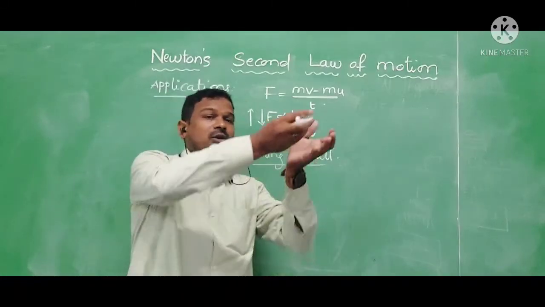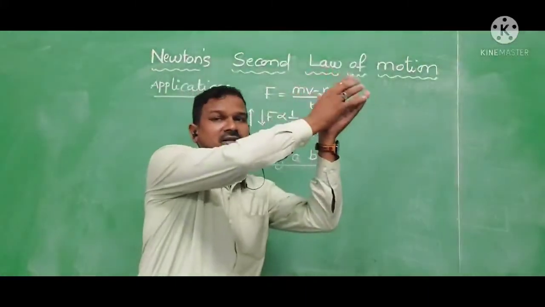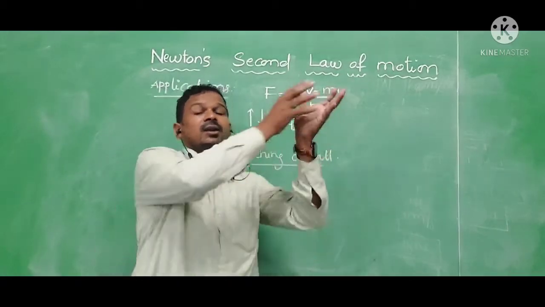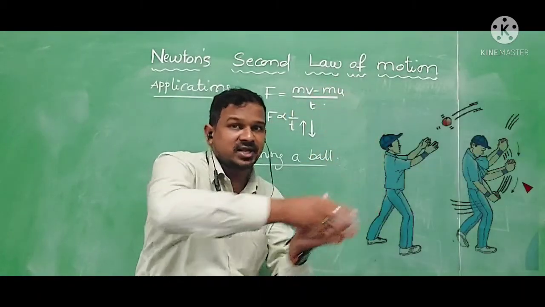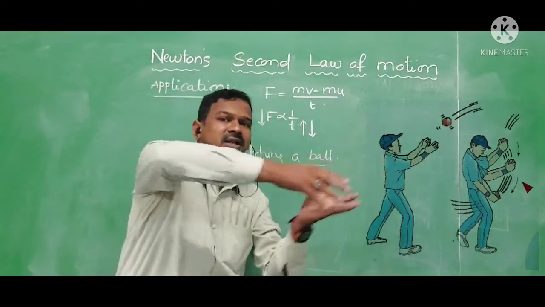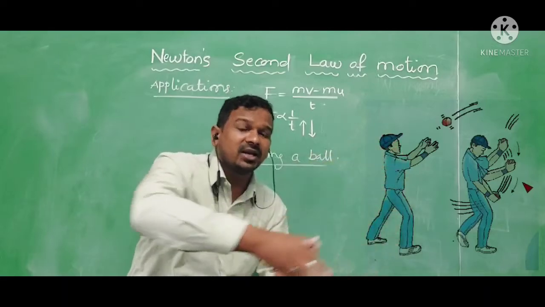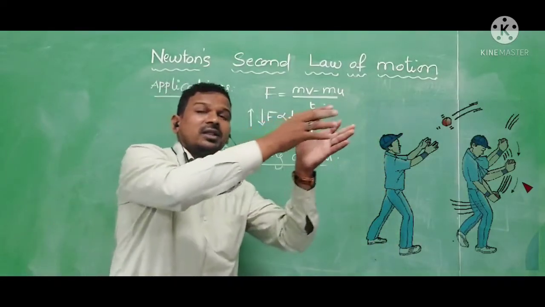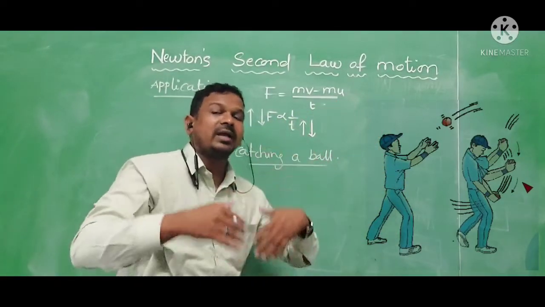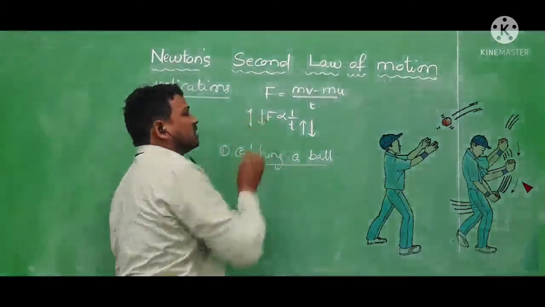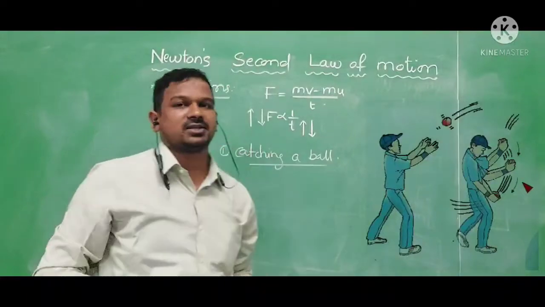But the fielders pull the ball along with their hands and the ball stops. Here the momentum is decreasing by increasing the time. So the time is increasing, and the change in momentum happens over a higher time. If the time is increasing, the applied force on your hands will decrease.